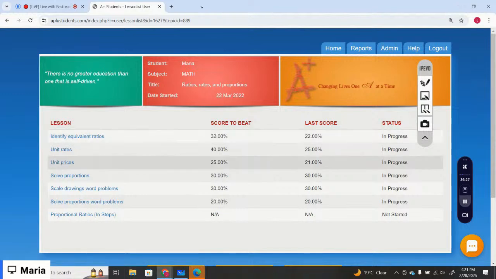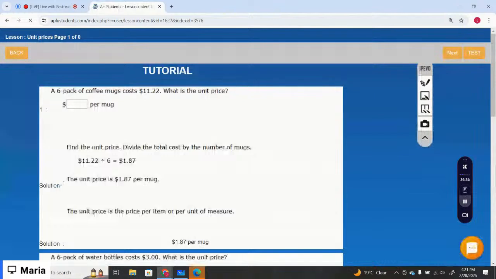The next lesson is unit prices. Now we're going to calculate the price of one thing, right? Let's just start with the lesson unit prices.